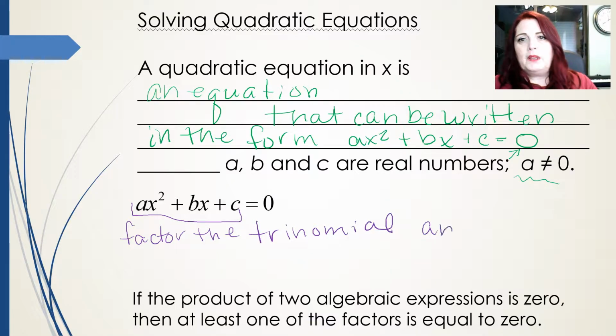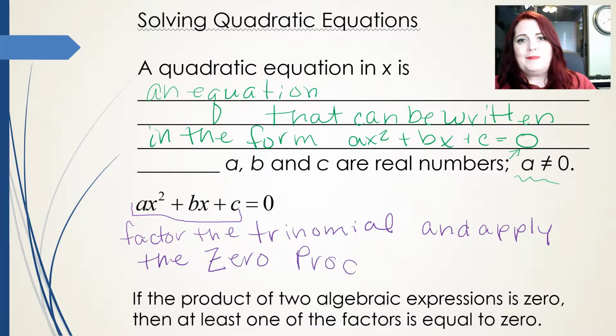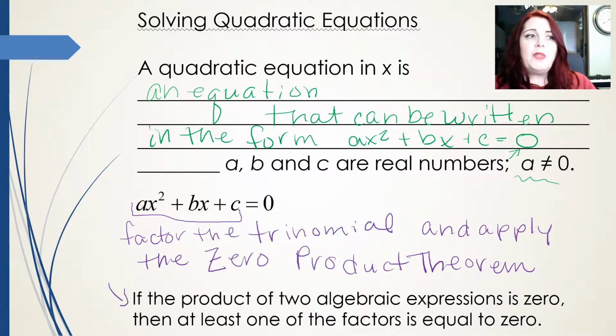And we will apply the zero product theorem, which states, if the product of two algebraic expressions is 0, then at least one of the factors is equal to 0. So let's take a look at some examples.